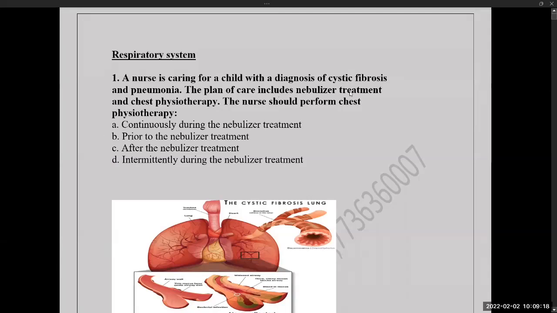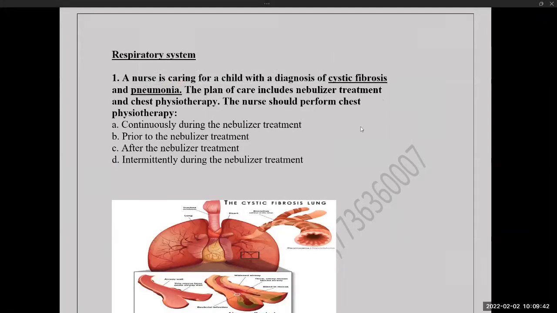And what is cystic fibrosis and what is pneumonia? What is pneumonia? Say the answer. Yes, Binu.